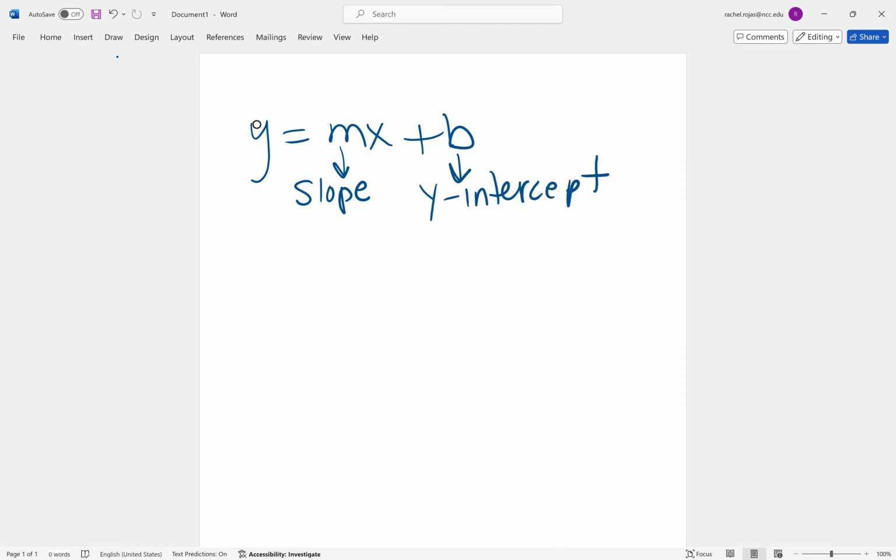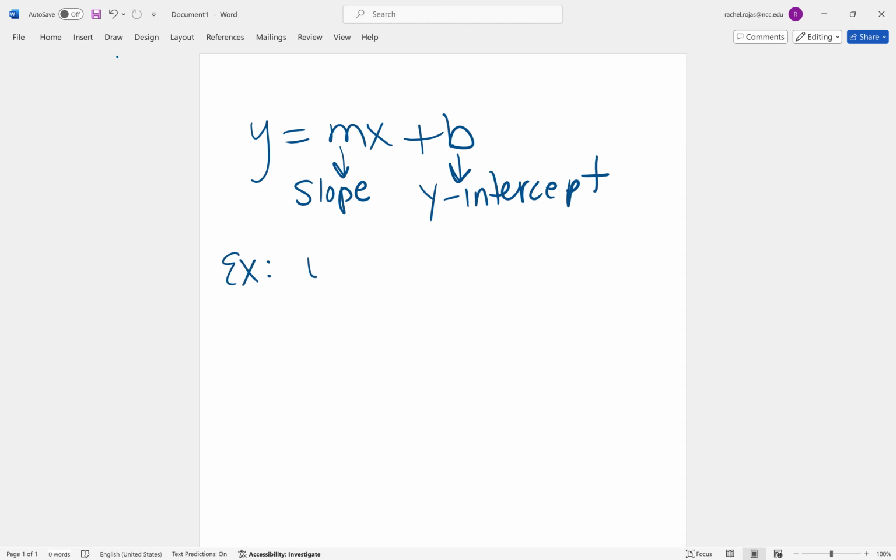And the slope and the y-intercept are going to be significant once we come up with these equations that are going to model our relationships in the next few examples that we do. So I want to make sure everybody's comfortable interpreting these parameters of a line function, meaning the slope and the y-intercept. So let me give you an example.